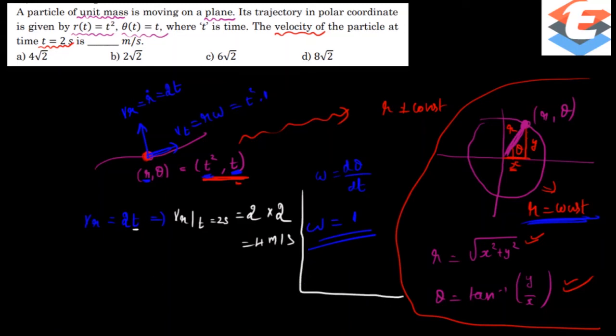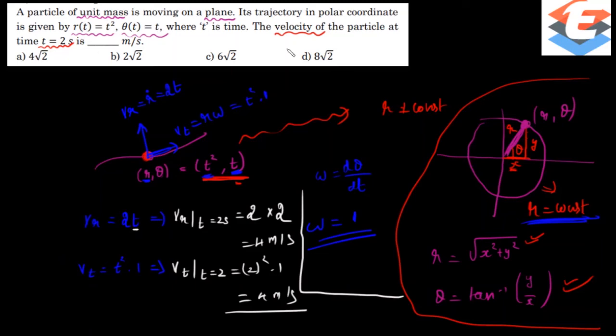And what will be my tangential velocity? Tangential velocity is t square into 1. Time is given as 2 seconds, so in place of t I'm substituting 2, so 2 square into 1, which is again 4 meter per second. So both the radial and tangential velocities are 4 meter per second.